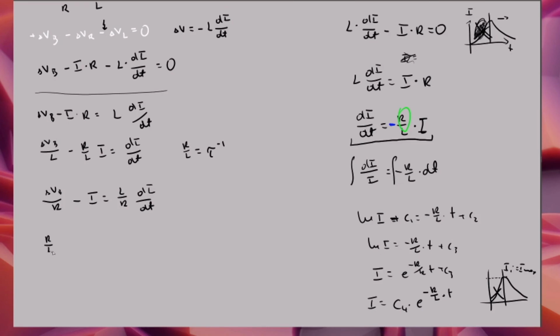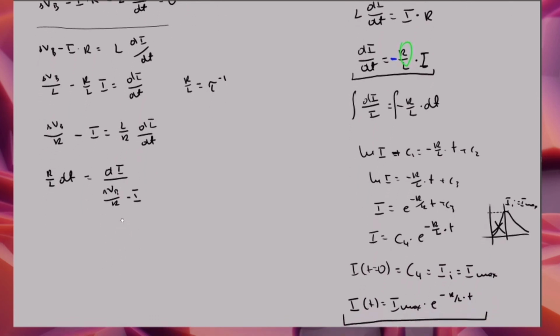So this is R over L dt equals di over delta V of the battery over R minus I is what I have. Let's make sure that I have this thing right. Yeah, but let's make this plus minus, and let's put minus here.